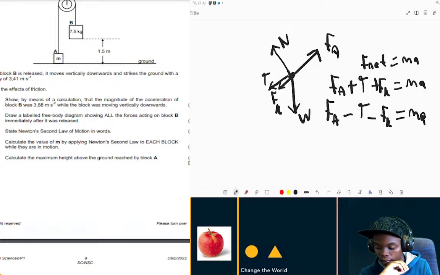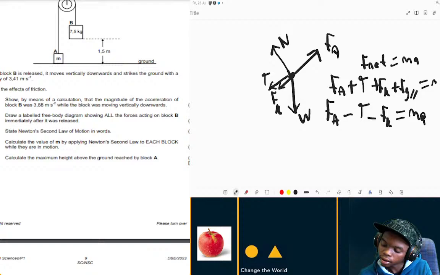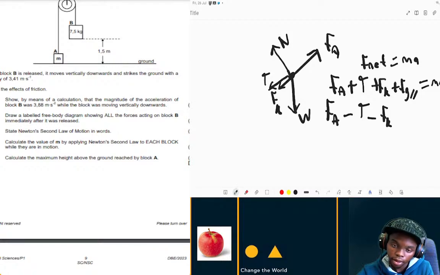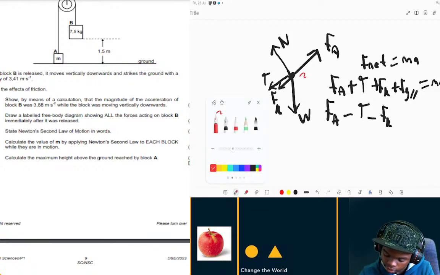Now, I made a mistake here, guys, sorry about this. But I will also have plus my Fg parallel, since this is on an incline.